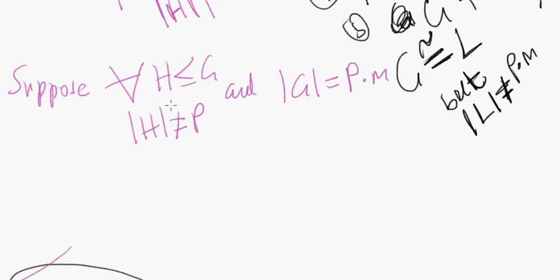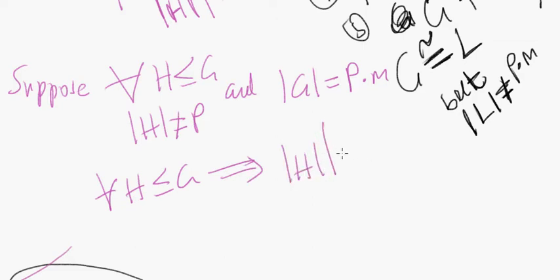Then if the order of H does not equal P, aren't we saying that at the same time, for all H subgroup of G, the order of H has to divide the order of the group? Every subgroup order divides the group order, right?